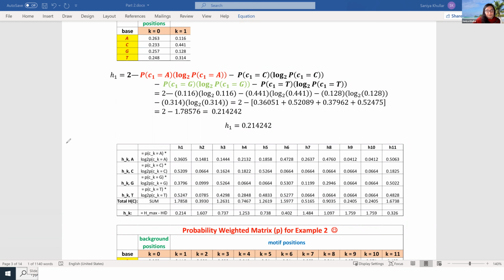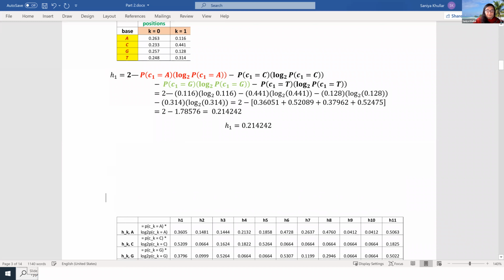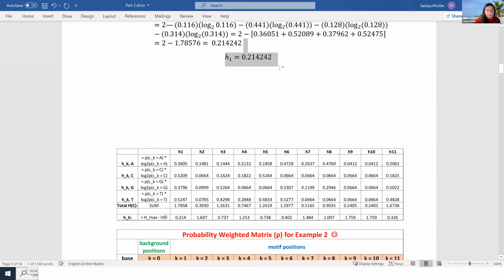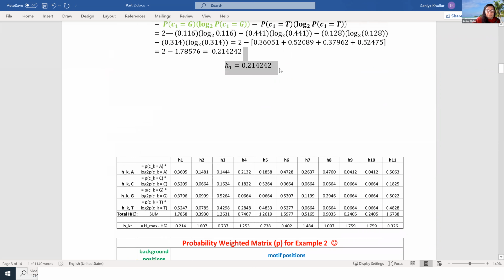So for a given spot, if we want to find the formula to use, let me just give myself a little bit more space here. So again, you'll find that this value 0.2142 maps exactly to this.